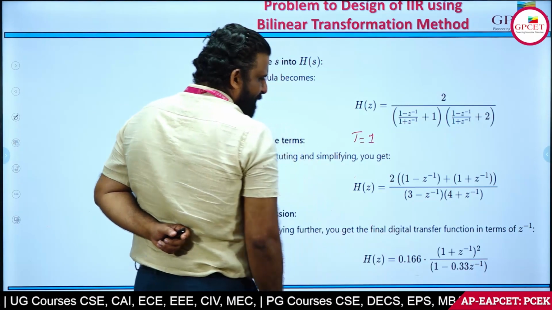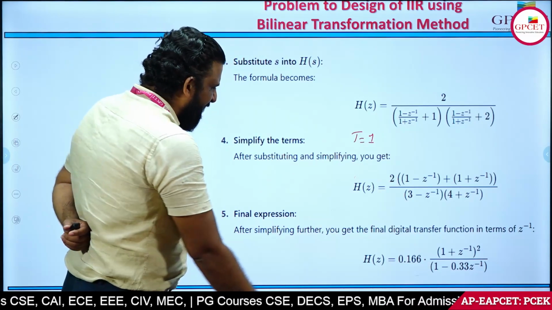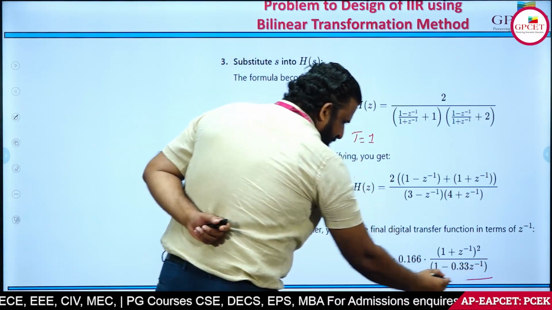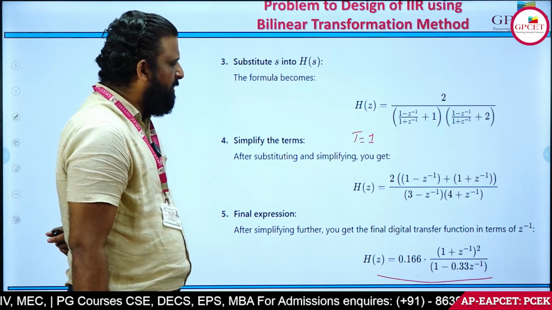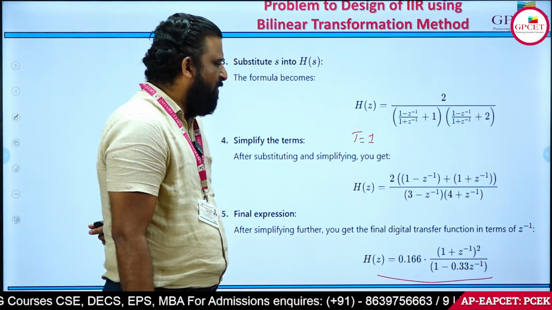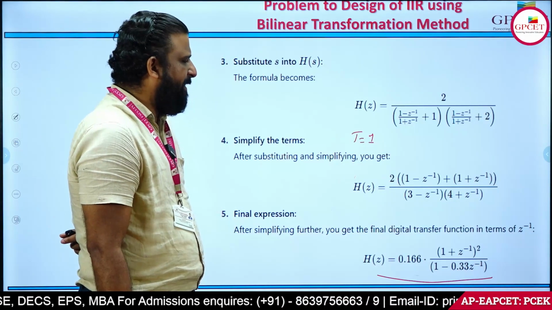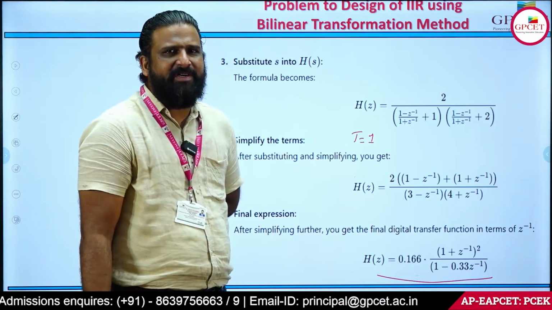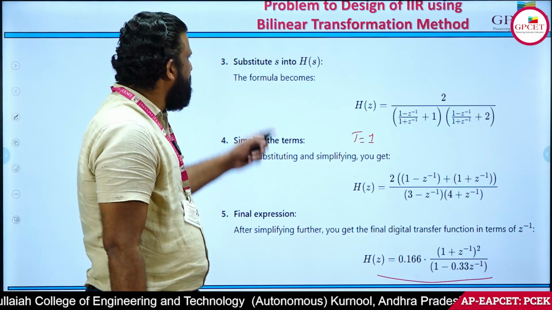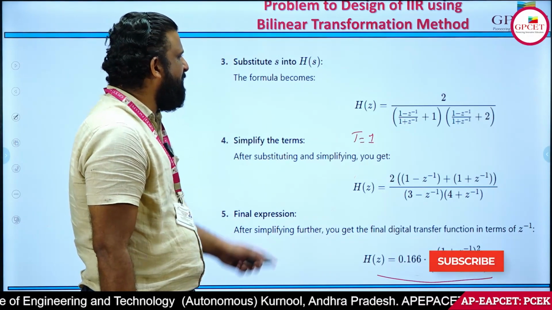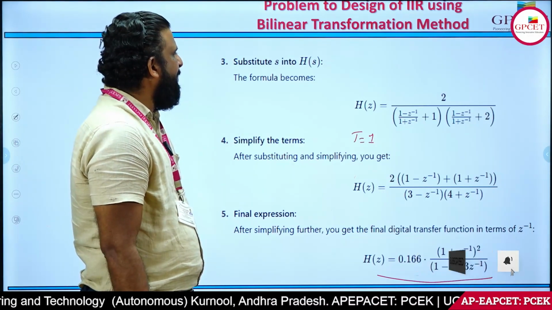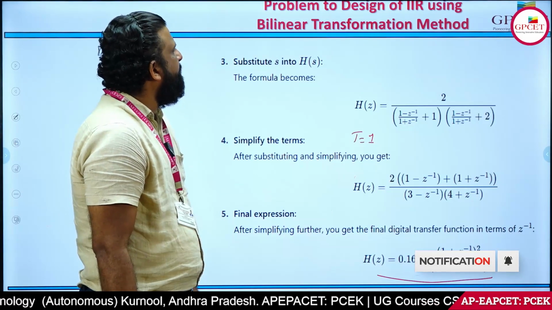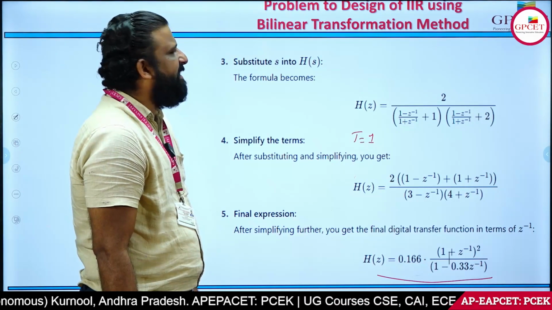After all this simplification, the final expression is H(z) = 0.166 (1 plus z inverse) whole square by (1 minus 0.33 z inverse), which has been perfectly converted into a digital filter. These are the steps involved in the bilinear transformation for designing the IIR filter.